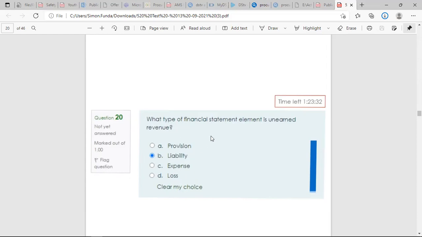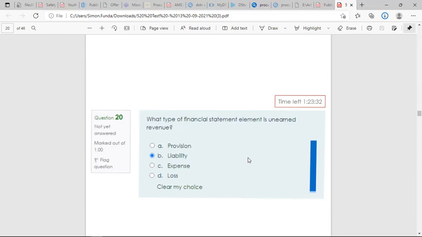We have not earned the revenue. So there's nothing that we can claim because we have not earned anything. No wonder it's better we pick the liability. You cannot recognize the revenue that we have not earned.